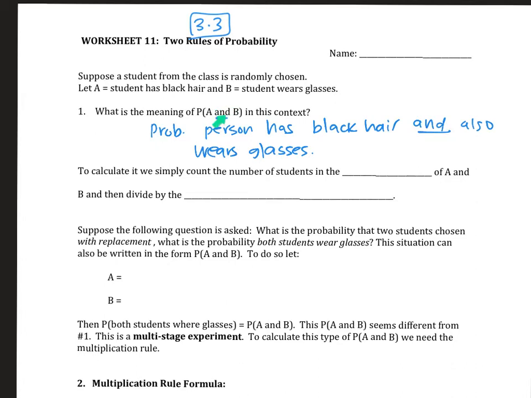So to calculate it, we simply count the number of students in both of the sets A and B, then divide by the total number, which is basically the sample space, right? So this question was when we were to pick only one person. Let's look at the next example.